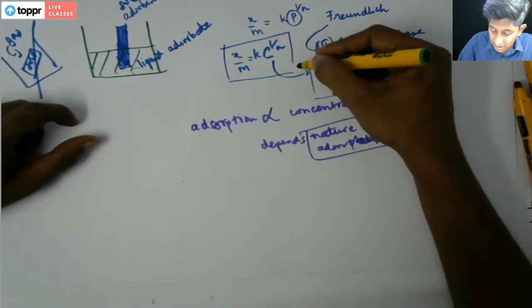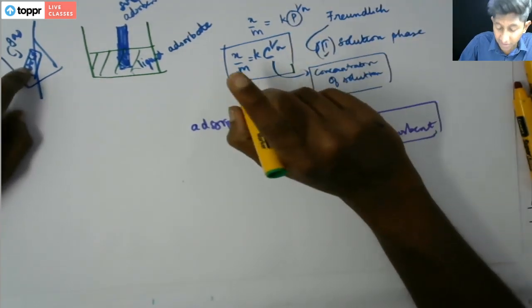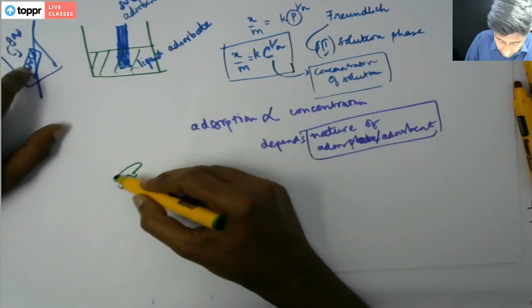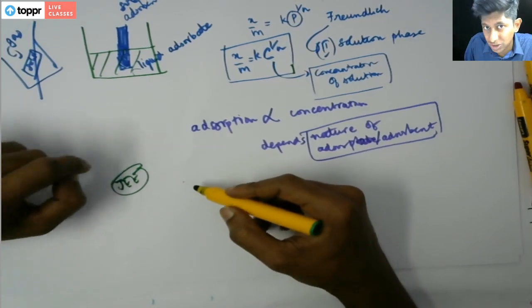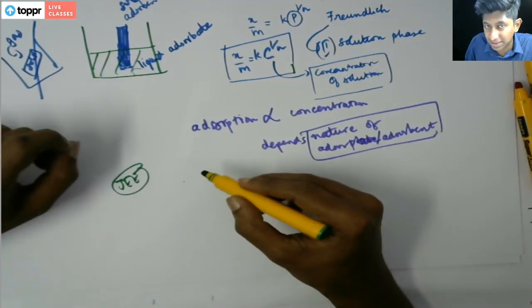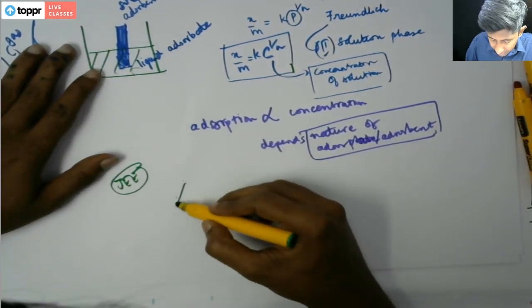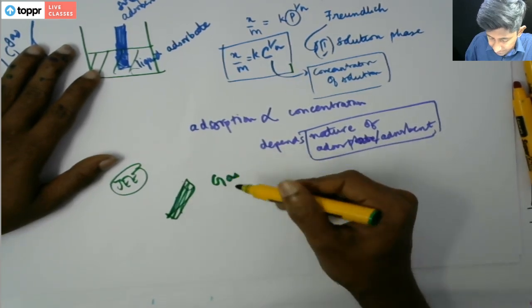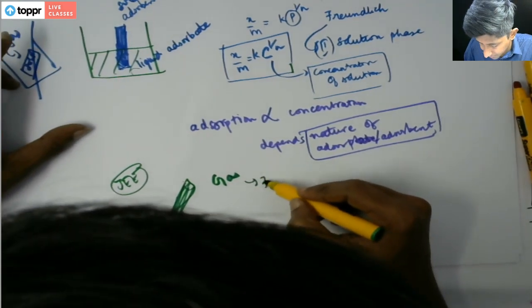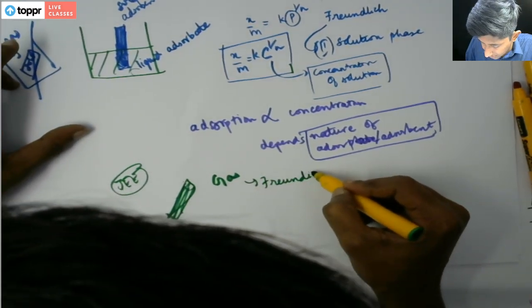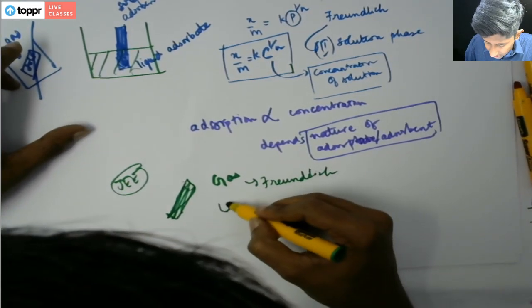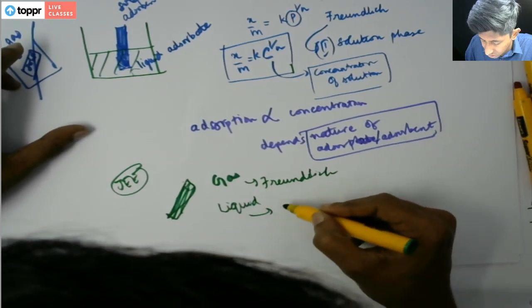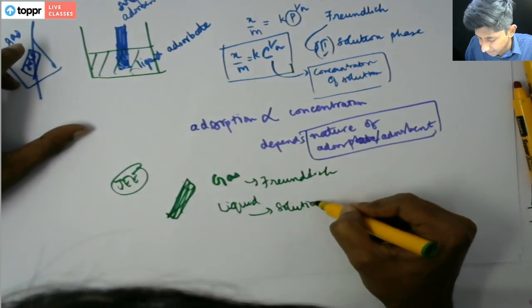This equation is important because I'll tell you how it works in JEE problems. Normally in the questions, they will define the phases which are provided in the problem. For example, if there's a metal surface and you have a gas, then you go for the Freundlich isotherm. Similarly, if there's a liquid, you apply the solution phase formula of the same thing.